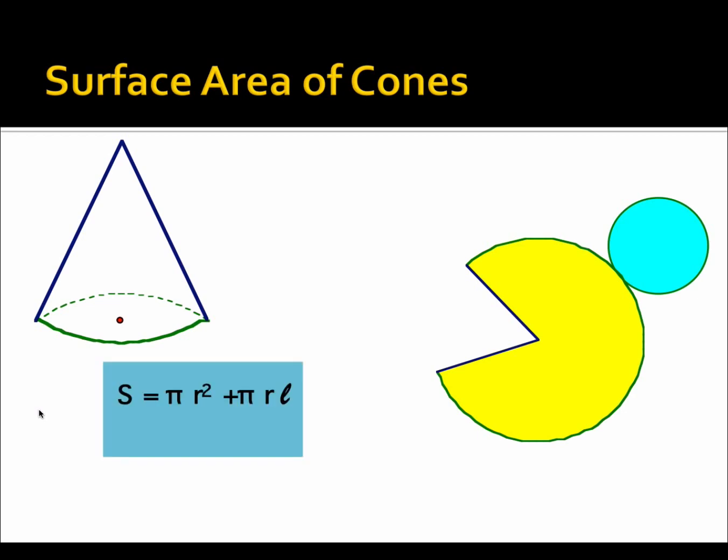Surface area: pi r squared, that's the area of the base, and then the lateral area is pi rl. When you're looking for the lateral area of a cone, you have to use pi rl. The derivation of that is too complicated to use on a regular basis, so we're just going to go with that.